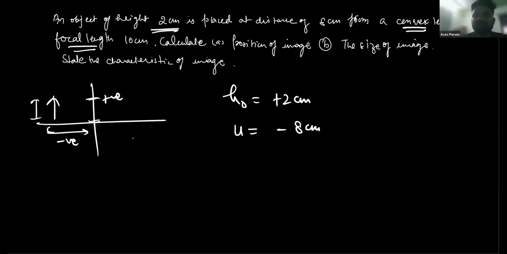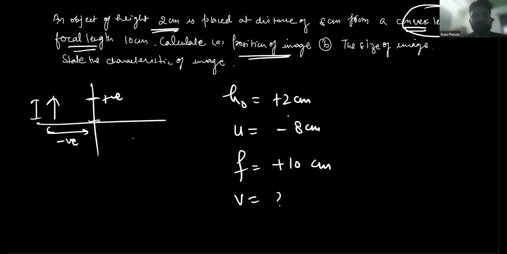A convex lens has plus focal length, it does not have negative focal length. So we write here plus 10 centimeter. Calculate the position of the image, v is being asked, and the height of the image is also being asked. State the characteristic of the image also.